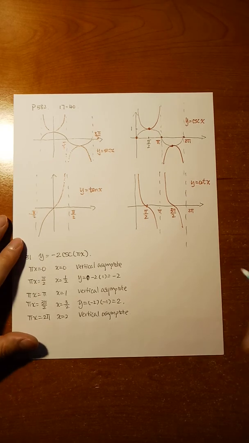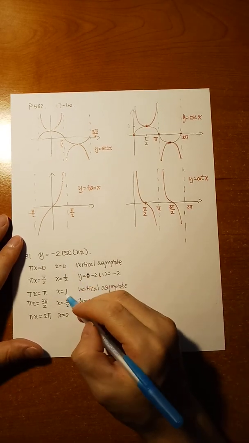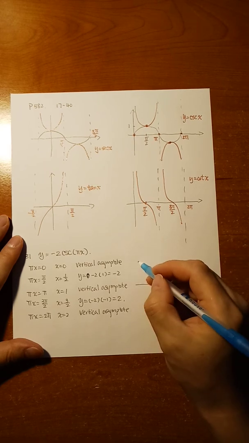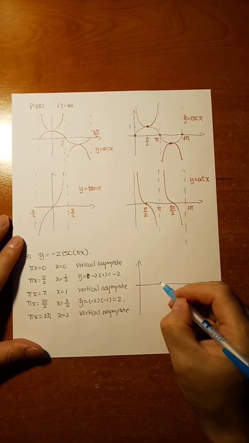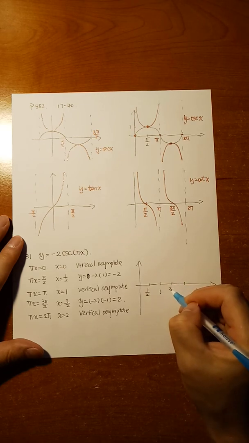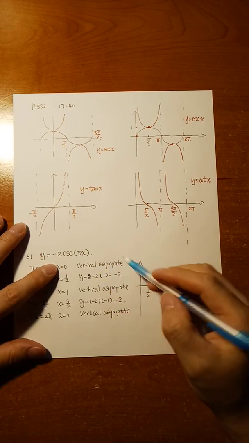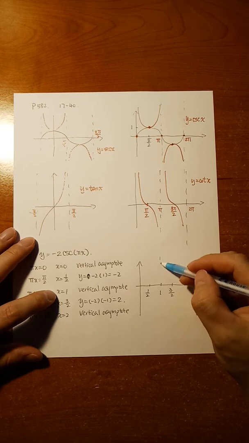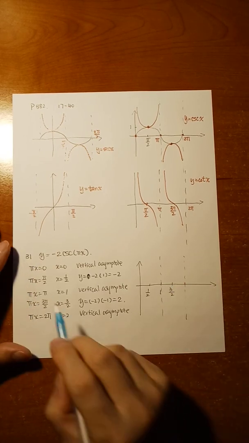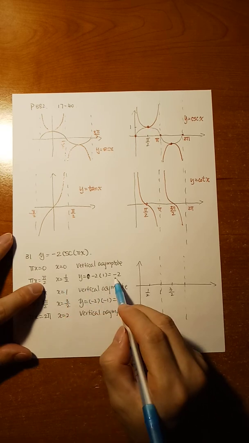Now let's try to sketch it. We have 0, 1/2, 1, 3/2, 2. At 0 is a vertical asymptote. At 1 is a vertical asymptote. At 2 is a vertical asymptote. At 1/2 it's negative 2.